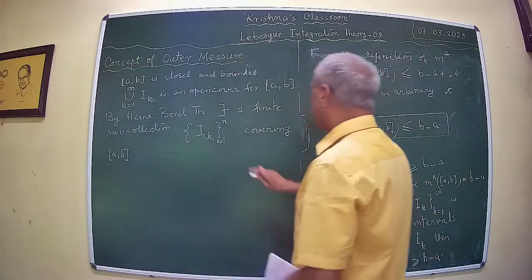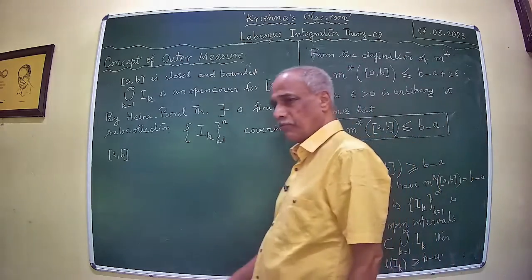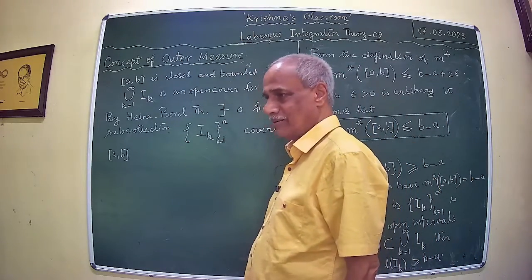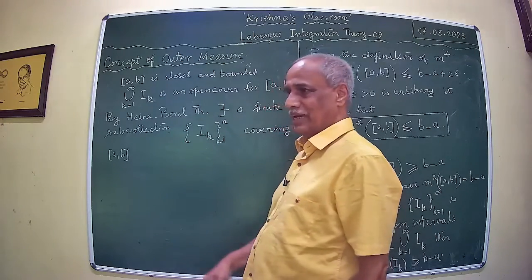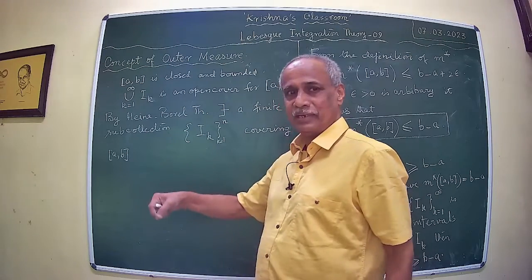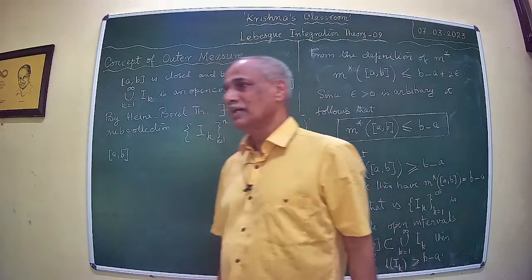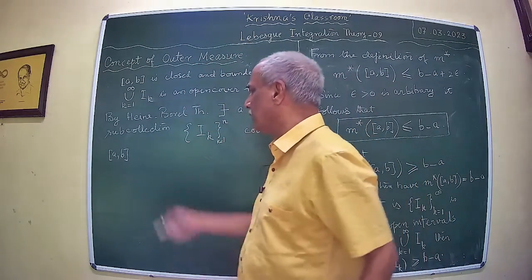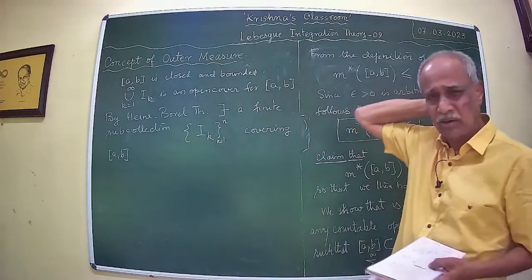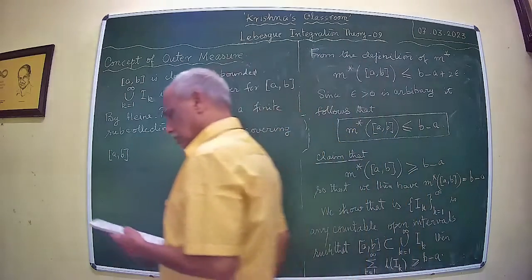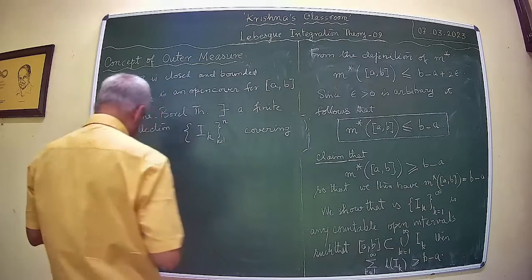This does not mean that the first n I_k's provide a cover for A. What it says is that from among these you can choose, say, finitely many intervals I_k such that their union will give a cover for this, and we rename. In fact, if necessary, we just rename those open intervals. So that is to be borne in mind.